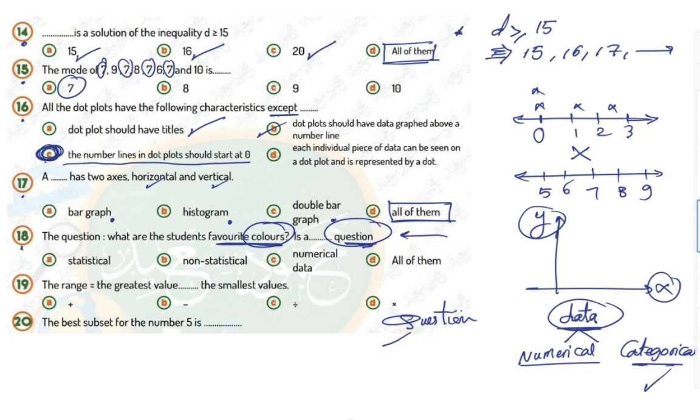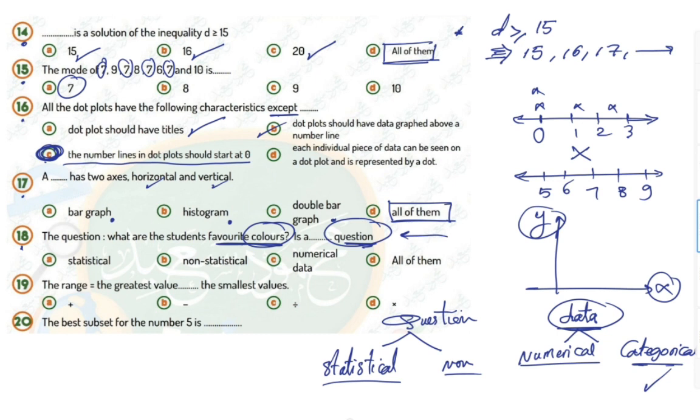So the question may be two kinds, may be statistical or what? Or non-statistical. Statistical is when you need to ask someone and another one and another one.